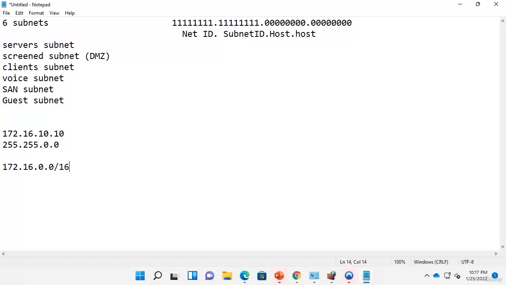Now, we need to extend that 16-bit mask far enough to give me the possibility of having 6 subnets. All right, there's a formula for doing this, and the formula is 2, we'll get the calculator here. It's 2 to the, I guess those are my notepads.